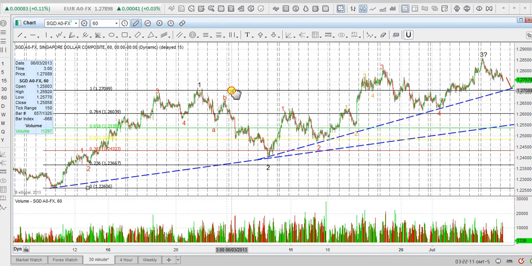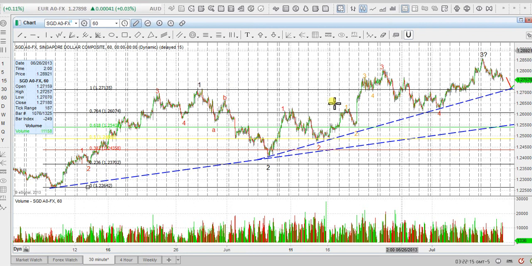So both waves are equal in distance, which means if this impulsive group were to have an extended wave, it would lie in wave 5.